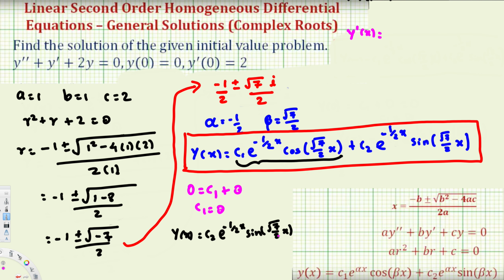The inside derivative is just square root of 7 divided by 2, and then multiply by c2 e power negative half x, and the derivative of sine is going to be cos. So this is going to be just cos square root of 7 divided by 2x.